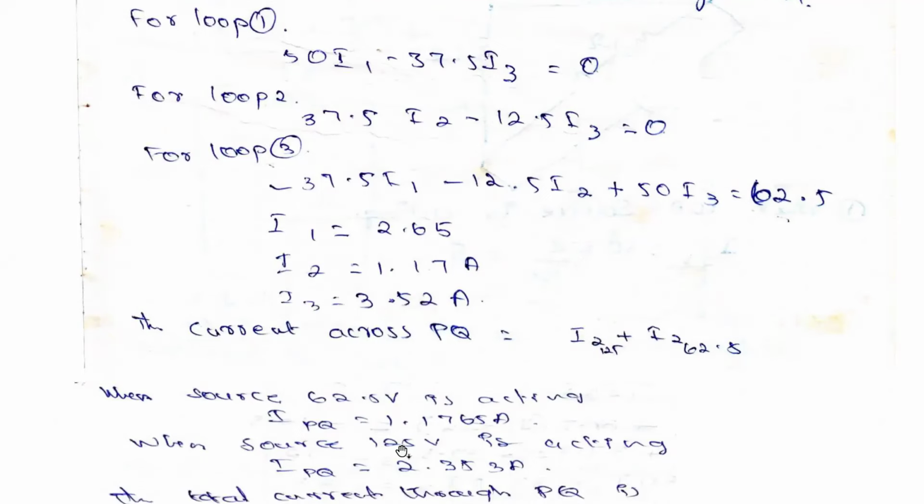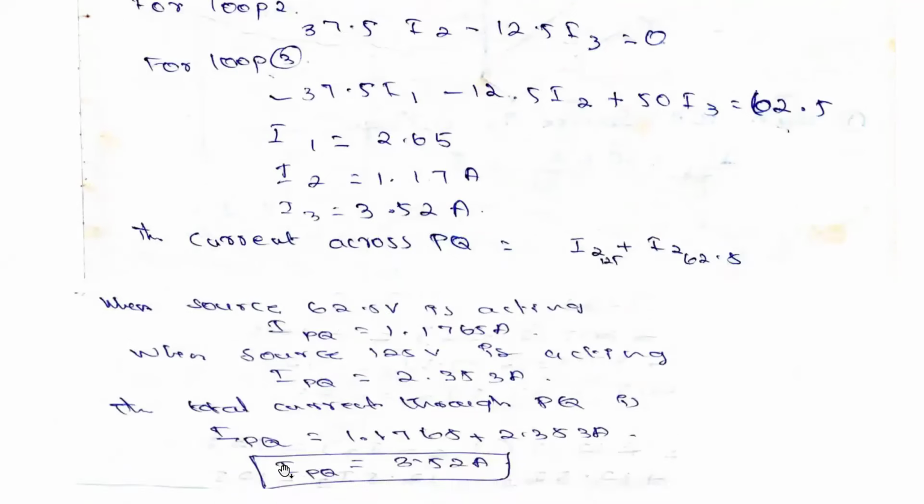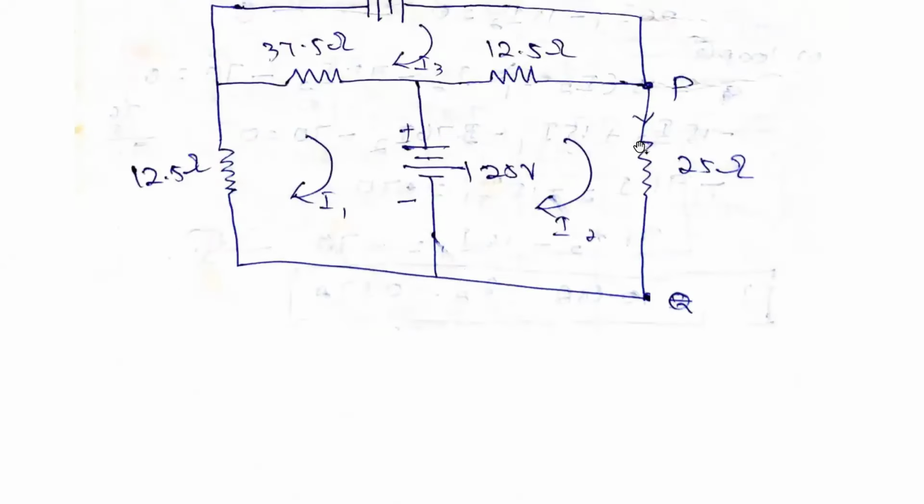When the 125 volt source alone is acting, IPQ is 2.35 amps. You need to add these, so the total current flowing in PQ is IPQ equal to approximately 3.52 amps. This is the answer for this particular circuit: 3.52 amperes is the current flowing between the points P and Q.